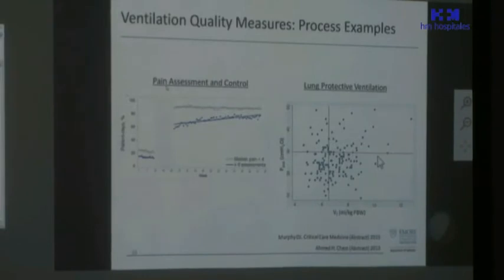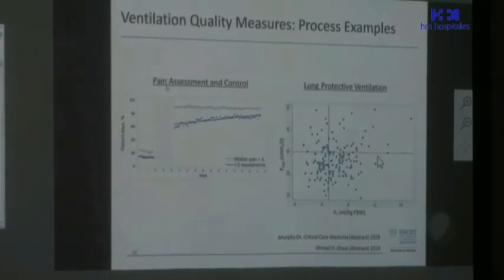On the right is a depiction of how we provide lung protective ventilation. So this is a snapshot on the best values in the first day of mechanical ventilation for patients with ARDS. On the x-axis, we have tidal volume in milliliters per kilogram predicted body weight, and we have plateau pressure on the y-axis.